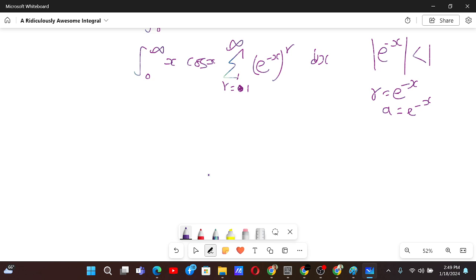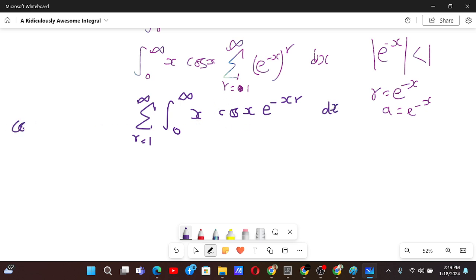So now, proceeding further, we can change the sum and integral. We can take the sum outside and write the integral from 0 to infinity of x cos x e to the power minus x r dx. Now this cos x is just the real part of e to the power ix, which we also use really often.